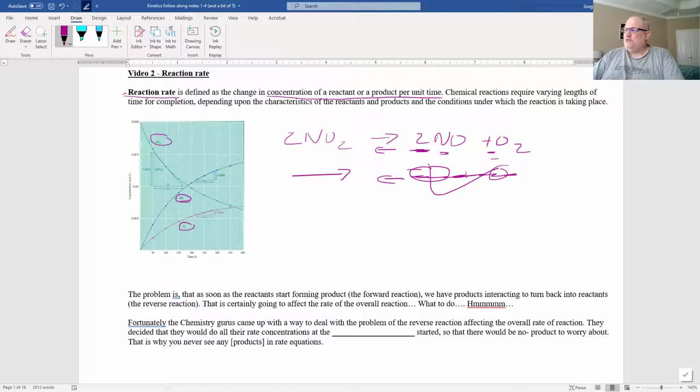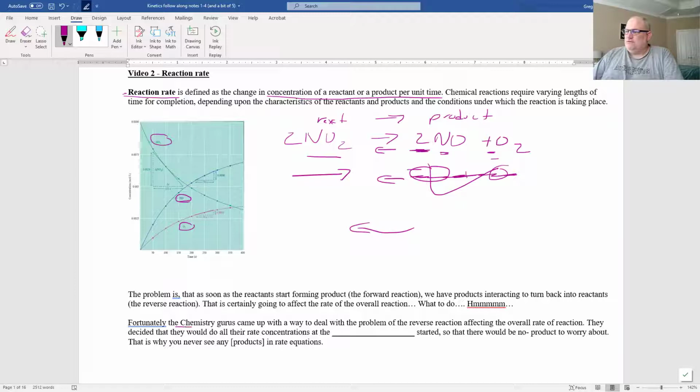Let's say you want a rate for the reaction occurring. You want to know how long it's going to take before NO2 gets to NO and O2. You have a problem because at the very beginning of the reaction, all you have is NO2 forming products, but then the reverse reaction starts coming back and it starts hurting your overall progress. So this is a problem for us, and it's certainly going to affect your rate when you have products reforming and your reactants going back in this direction.